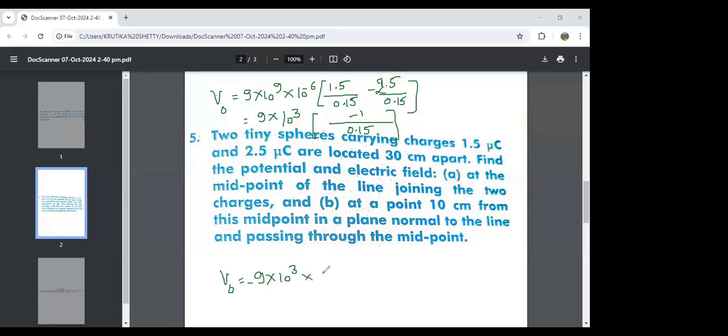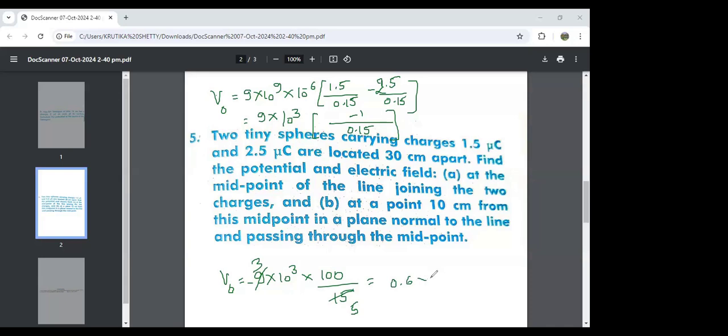I can write it as 100 upon 15. Correct? So 3 threes are 9. 3 fives are, so it is 3 by 5. 3 by 5 is nothing but what? 3 divided by 5 will be 0.6.